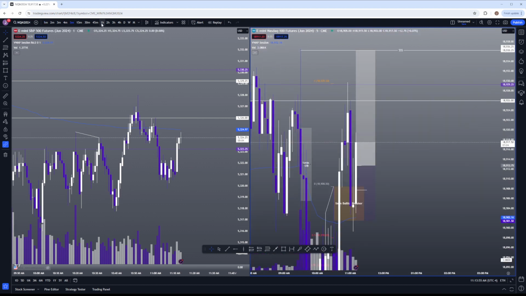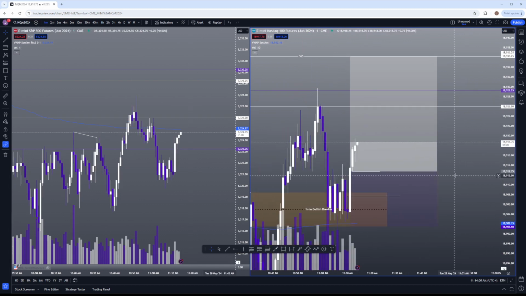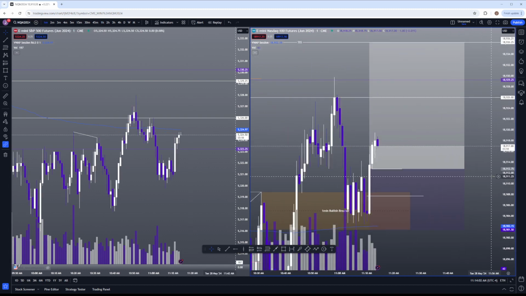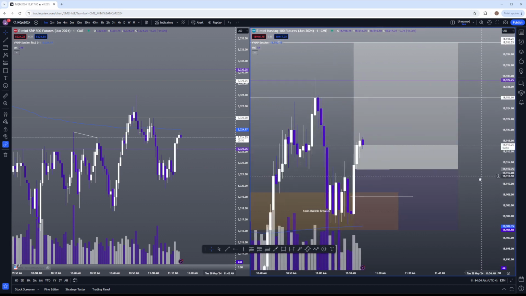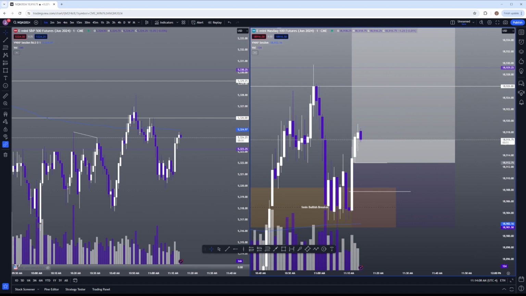Seeing the 5, the 15, the 1 hour, still giving me that conviction in the longs. We're seeing a lot of manipulation so far in our market. Got to get a really good entry.